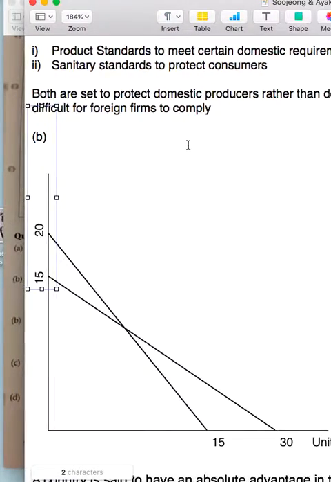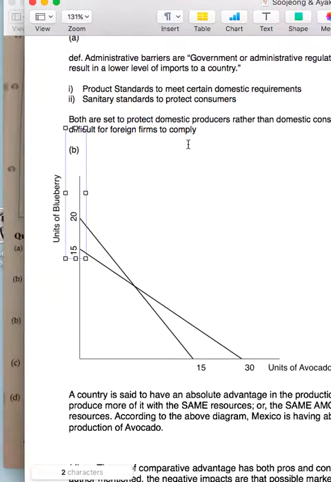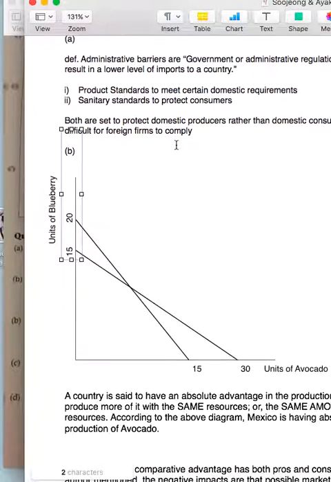This is the absolute advantage diagram that I drew. Here the horizontal axis is units of avocado, and the vertical axis is units of blueberry.